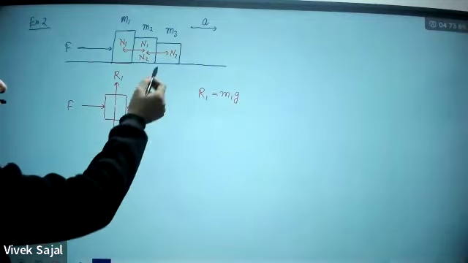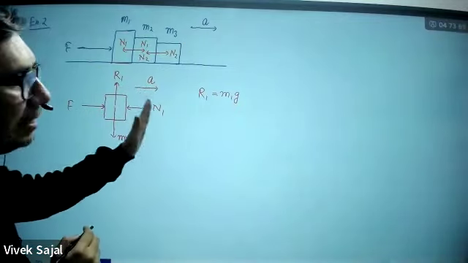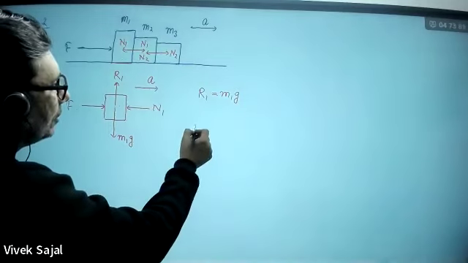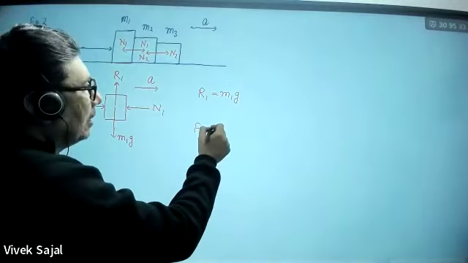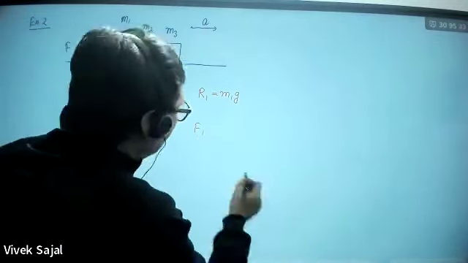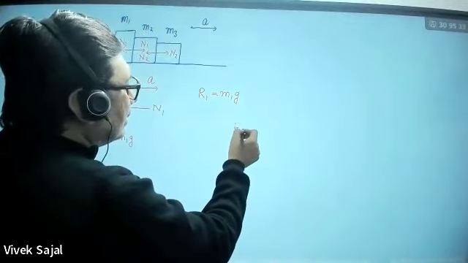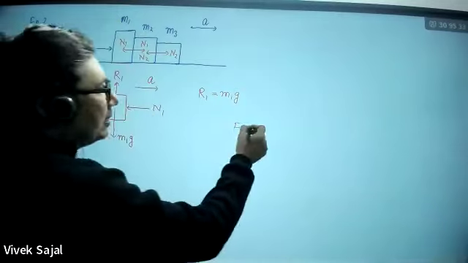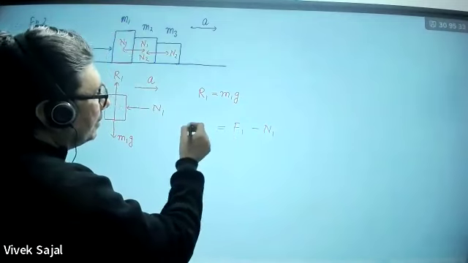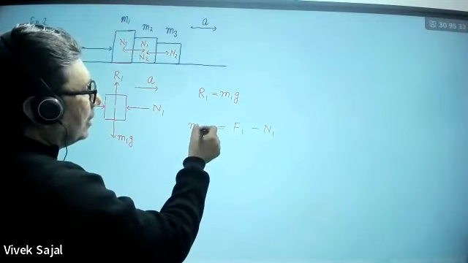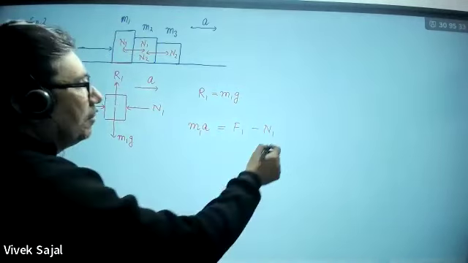We are assuming that the acceleration is A. So F minus N1: F is the force that is causing acceleration, and N1 is opposing this motion. The resultant of this is responsible for the acceleration of block M1. So this will be my first equation.